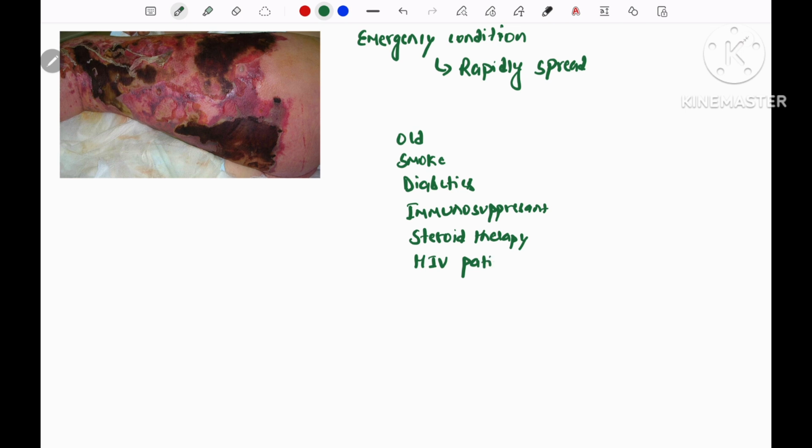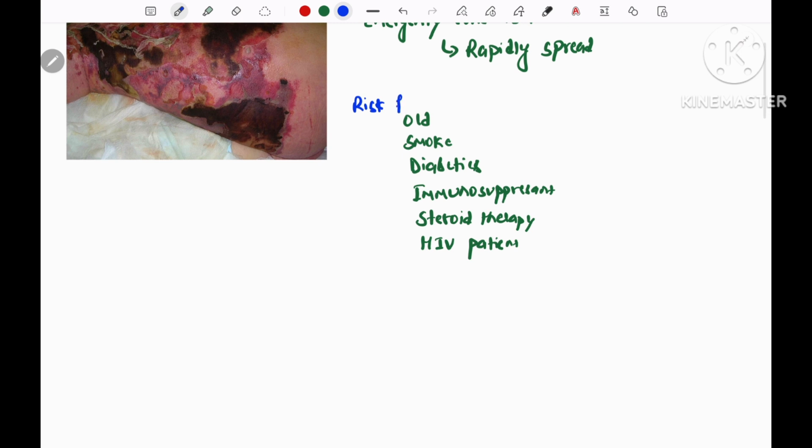So these are the group of people who are very prone to necrotizing fasciitis. Okay, so these are the risk factors.